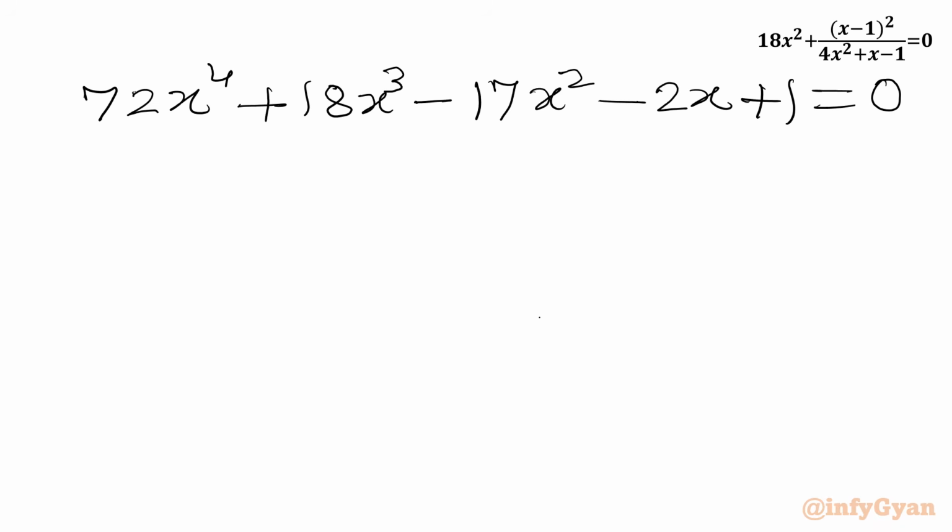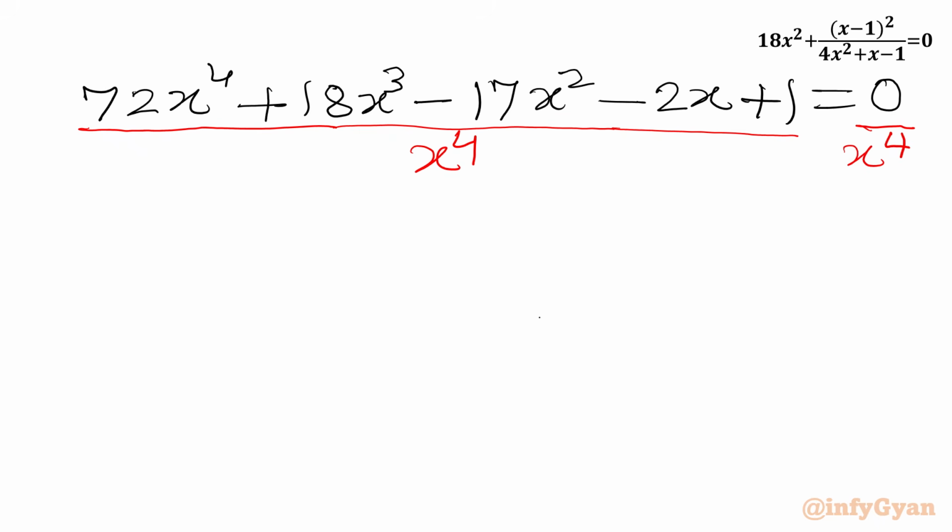Now x cannot be equal to 0 for our equation. So let us divide both sides by x⁴. We will divide LHS and RHS by x⁴, since we know x cannot be equal to 0. Now 72x⁴ over x⁴ will be 72. 18x³ over x⁴ will be 18 times 1 over x.